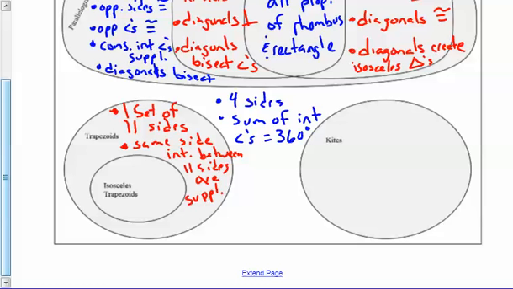So the isosceles trapezoids, what's special about that is that the non-parallel sides are congruent, which means the base angles are congruent.